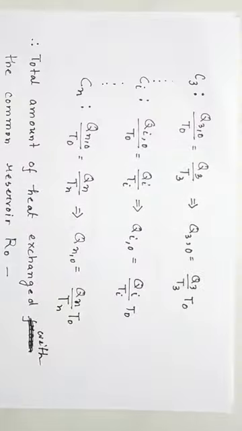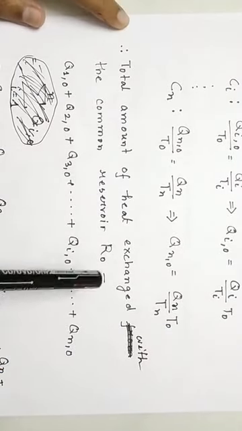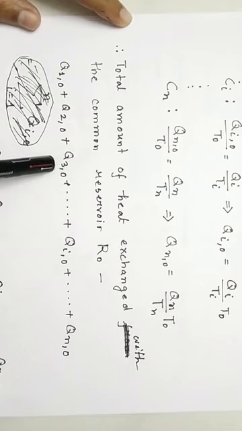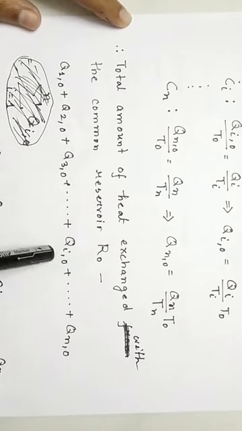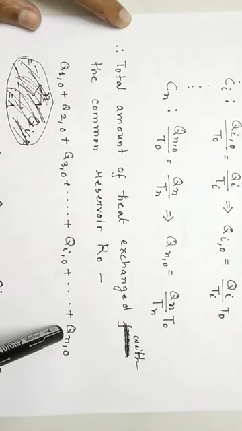So the total heat exchanged with the common reservoir R0 is Q10 for the first one, Q20 for the second Carnot engine, Q30 for the third Carnot engine, like this. For the ith Carnot engine we have Qi0, plus for the nth Carnot engine we have Qn0.